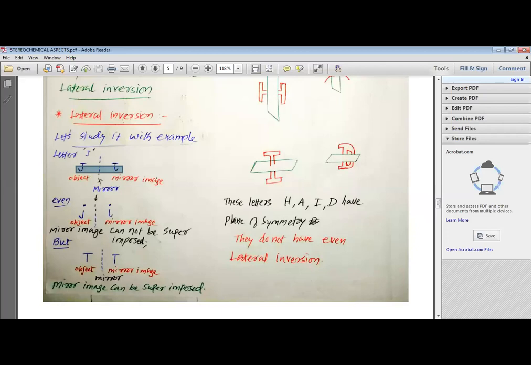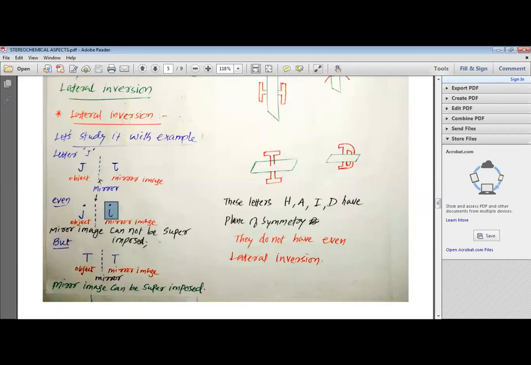Let us understand the same even for the small j. Even if we write small j, this point is similar to it, so the mirror image of the point is exactly like that. But again, the curve is changed. There is a lateral inversion in the curve.